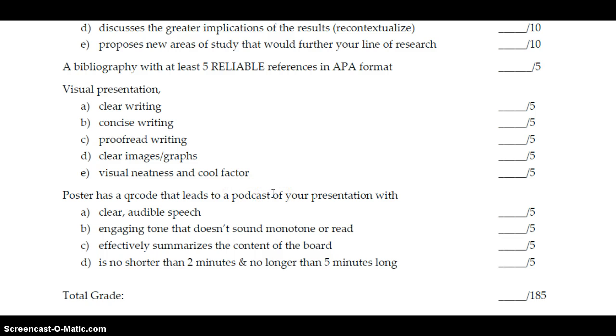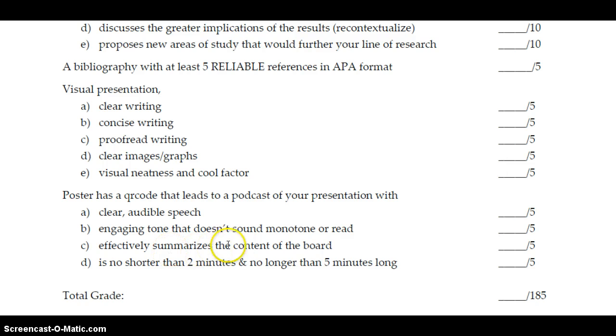And in that presentation, you will get points for having clear, audible speech. So that means audible means that you can hear it. You'll get points for using an engaging tone that doesn't sound monotone or robotic, but sounds like you're talking to the person.